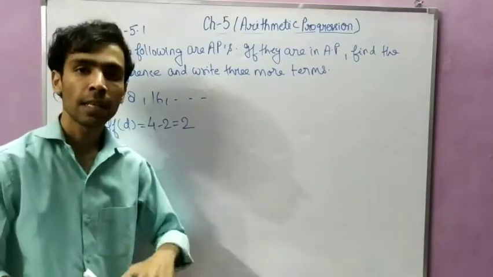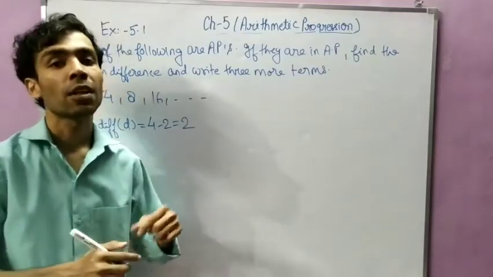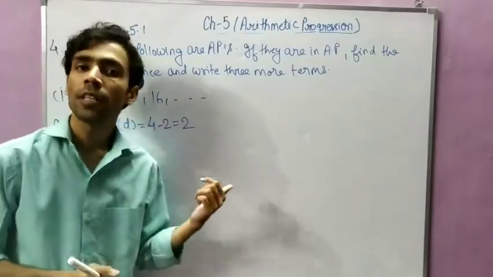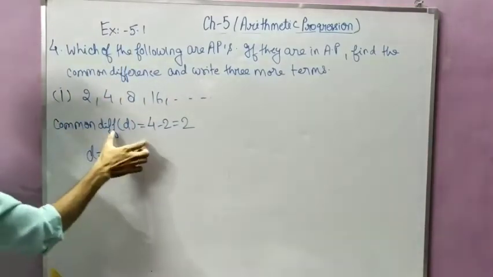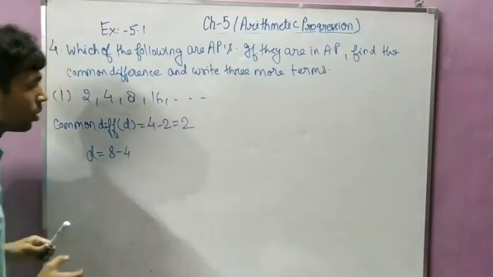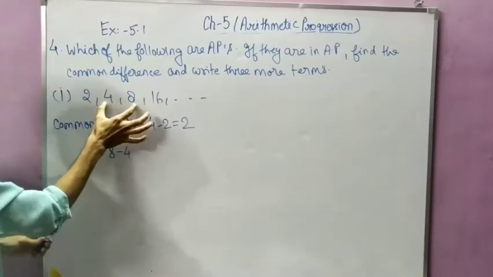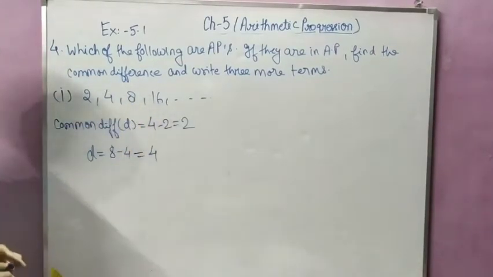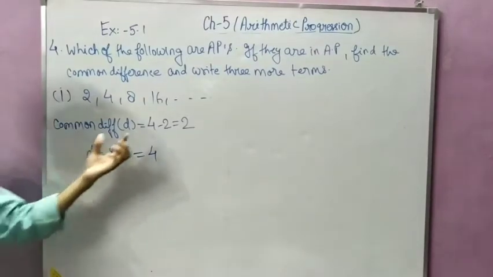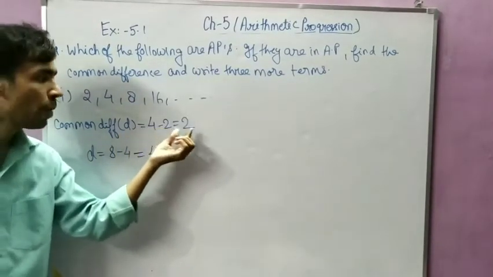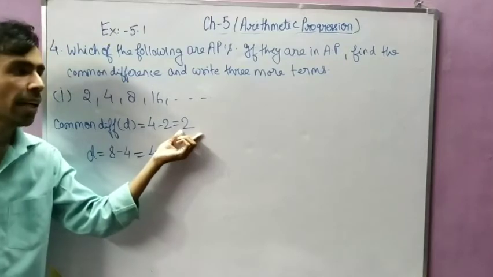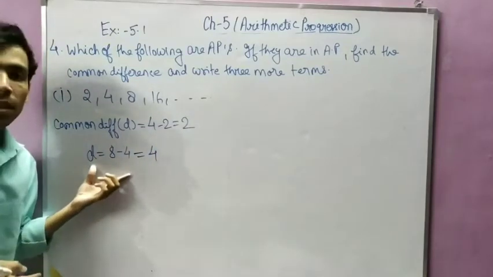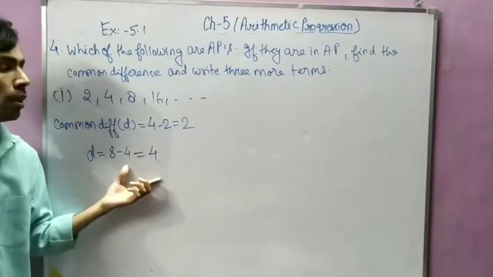If it is the same, then it is in AP. If not, then it is not in AP. In the first case I calculated common difference 2. In the second case, with these two numbers, the common difference will be 8 minus 4, so that is 4. Now student, in the first case the common difference was 2, and when I took another two numbers, the common difference is 4.